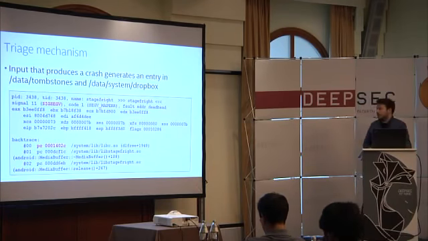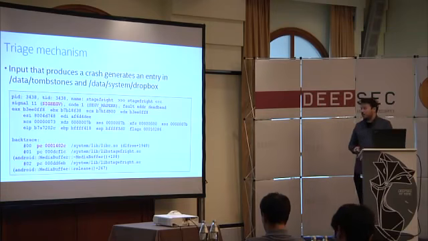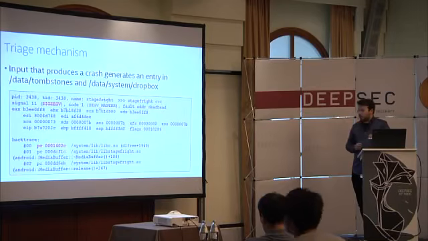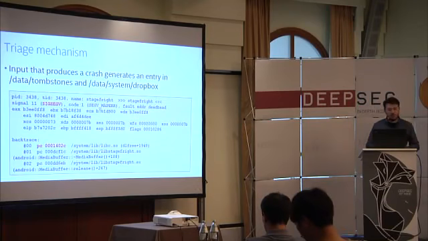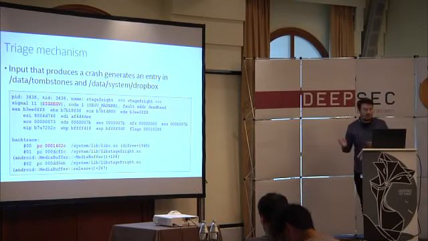We have the signal and the code for the signal, the process that crashed, the fault address, the register values at the time of the crash, and the backtrace for that crash in the targeted component. It contains a lot more information, but for the purpose of the triage mechanism, this is the information that we need to look at.